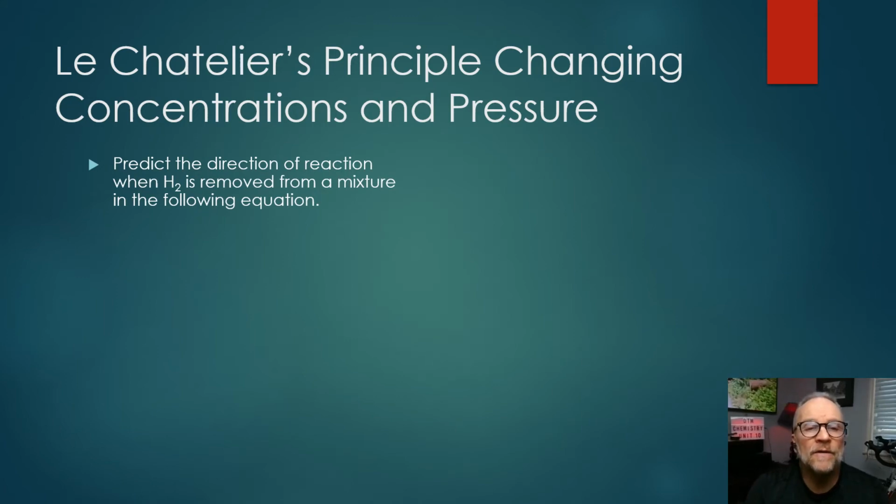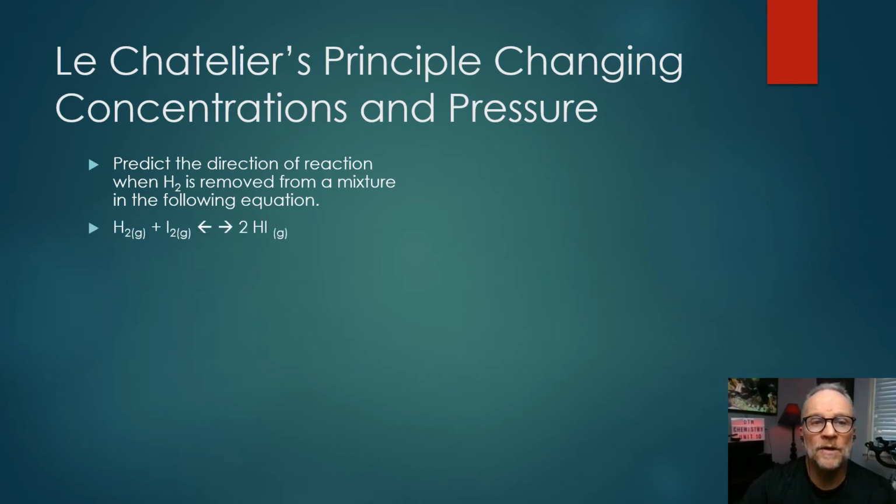Okay, it says predict the direction of a reaction when H2 is removed from a mixture in the following equation. So let's predict that for a second. If we remove H2, what's going to happen to the reaction?